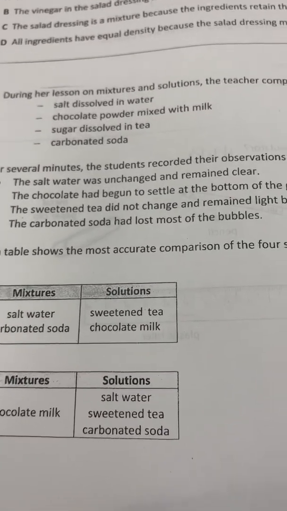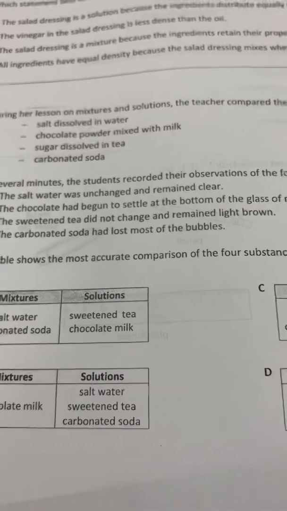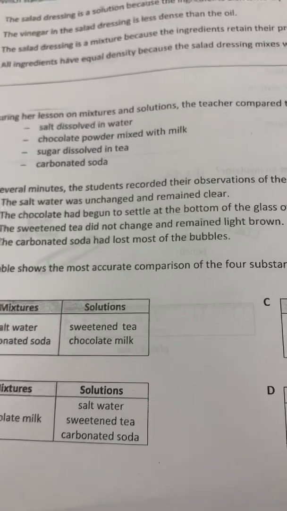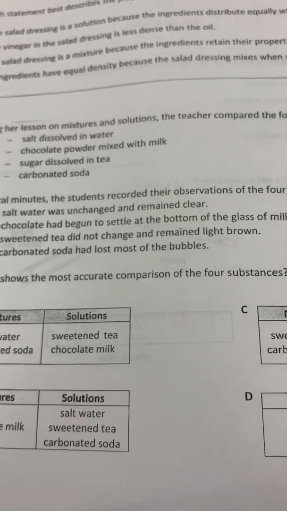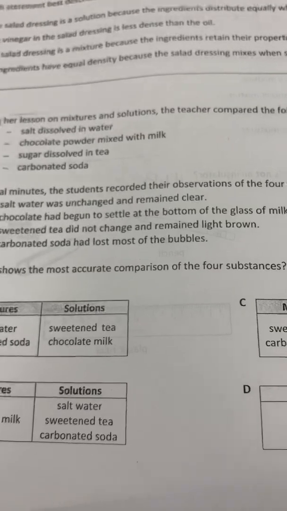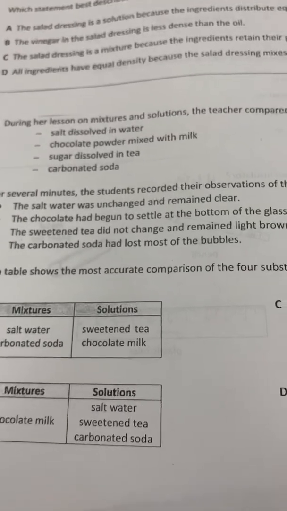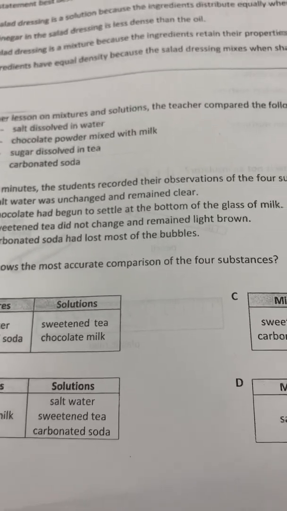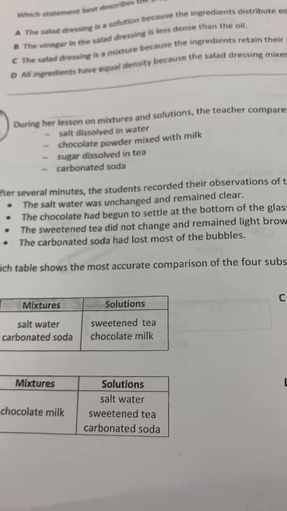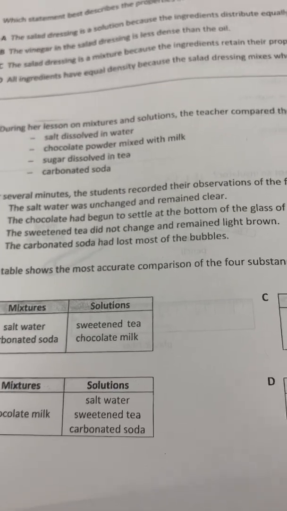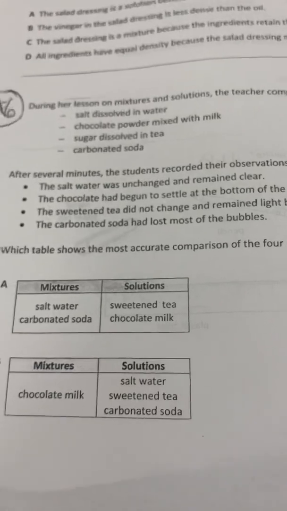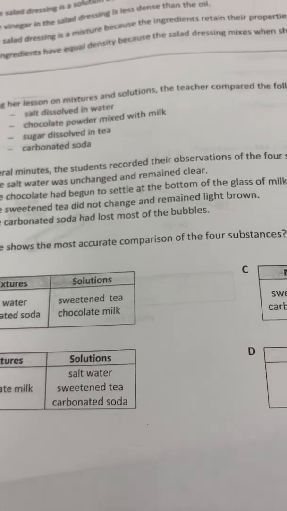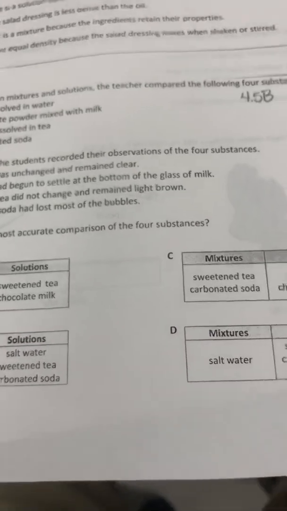The salt water was unchanged and remained clear. The chocolate had begun to settle at the bottom of the glass of milk. The sweetened tea did not change and remained light brown. The carbonated soda had lost most of its bubbles. Which table shows the most accurate comparison of the 4 substances?